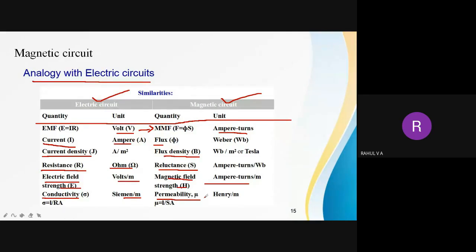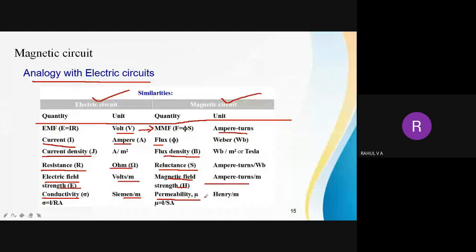So we can compare each point. Draw two boxes: electric circuit, magnetic circuit. In electric circuit you write electromotive force, EMF, E is equal to IR. Similarly we have MMF, F is equal to phi into S. In electric circuit we have current; similar to current, in magnetic circuit we have flux.